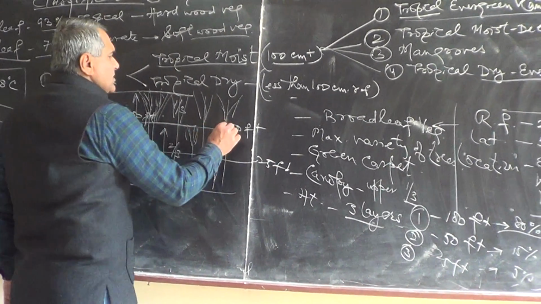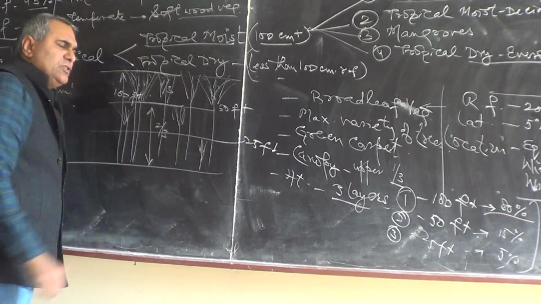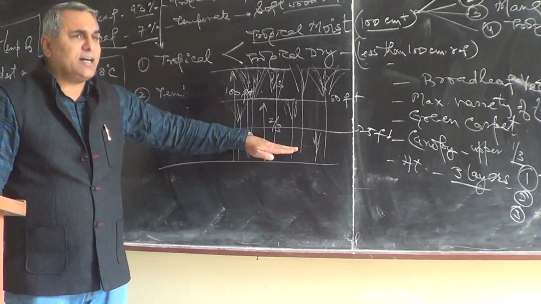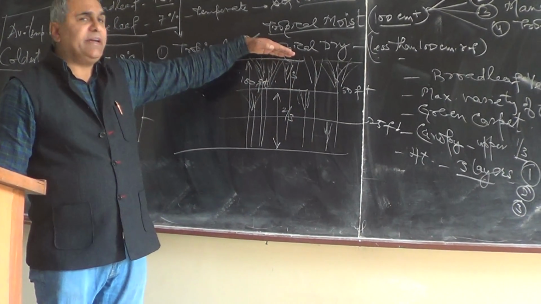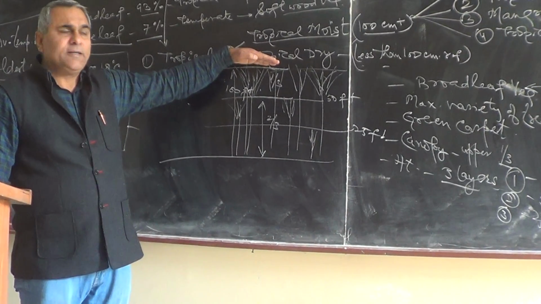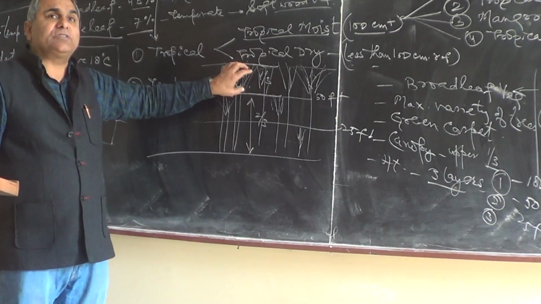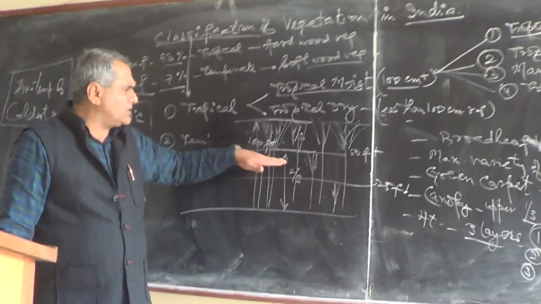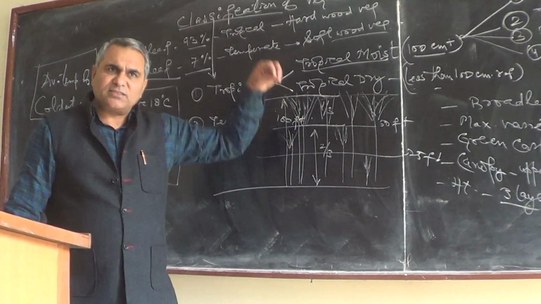Actually these upper layer trees don't allow sun rays to penetrate to the surface. So the lower layer trees are lesser in number. Trees which could gain maximum height, beyond 75 feet, 80 feet, 90 feet, they could survive, and the growth of these trees is less because they are not getting sufficient sunlight.